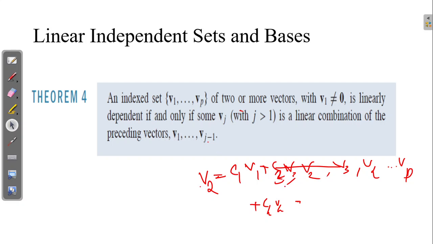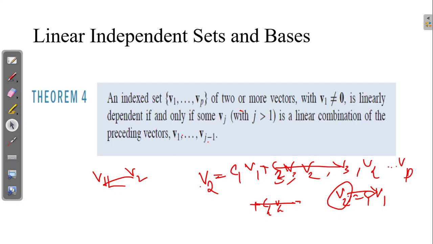So v2 equals c1 v1. Yes, this vector v2 is dependent on v1. That means you have the v1 vector, and you scale it, and you get v2. Scaling is the operation. So v2 is dependent on v1.